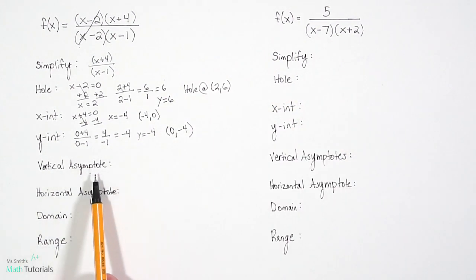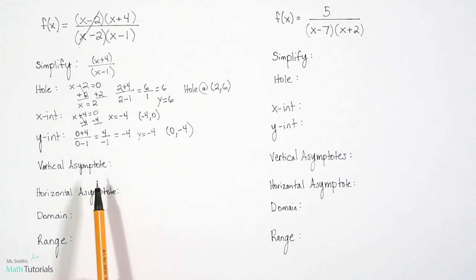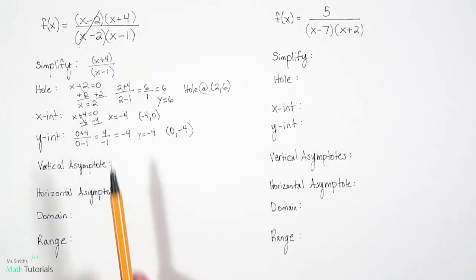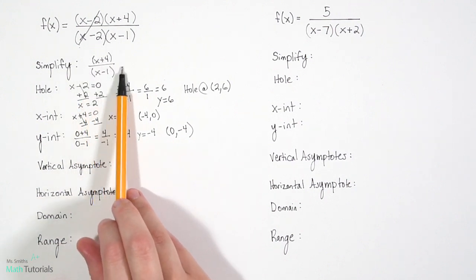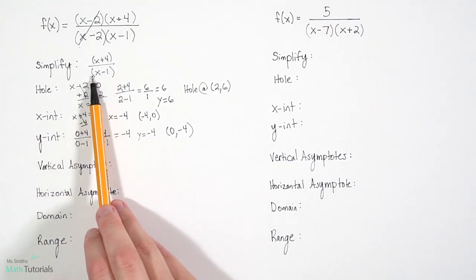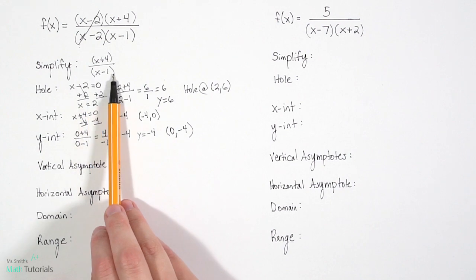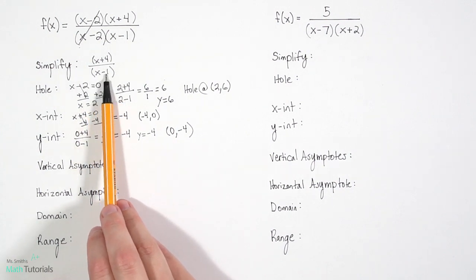To find our vertical asymptote, remember that we set remaining factors in the denominator equal to 0, and then we solve. And we'll write our answer as x equals whatever we get. So when we look at the simplified version, we just say, okay, what do we have left in the denominator? So in this case, we have x minus 1.